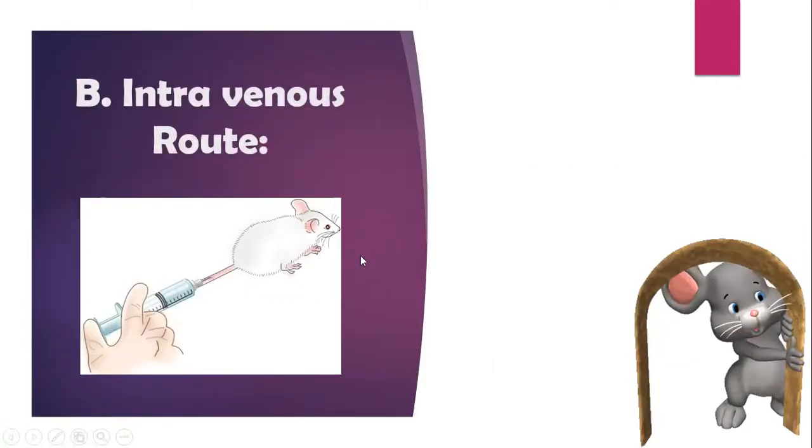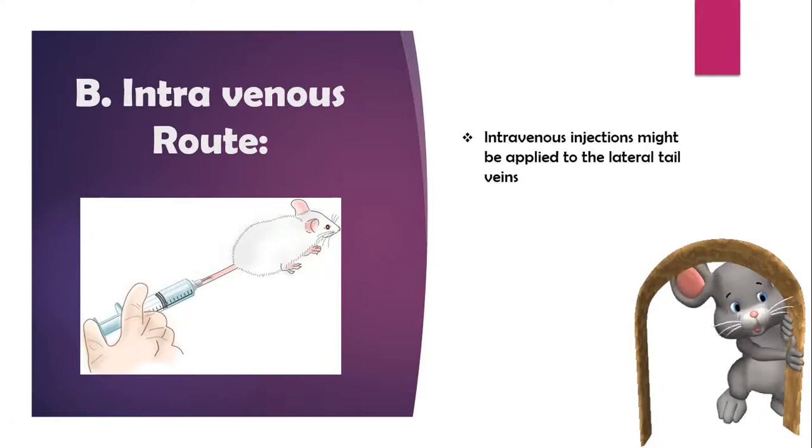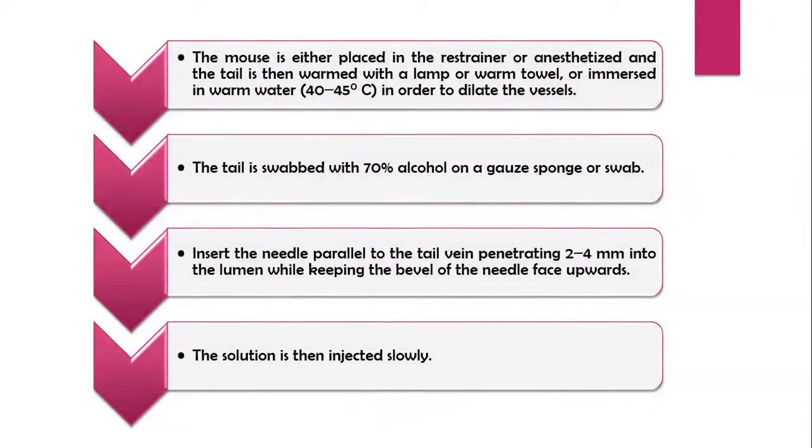In parenteral, the second one is the intravenous route. Intravenous injection might be applied to the lateral tail veins. The procedure: the mouse is either placed in a restrainer or anesthetized, and the tail is then warmed with a lamp or warm towel or immersed in warm water at 40 to 45 degrees Celsius in order to dilate the vessels.